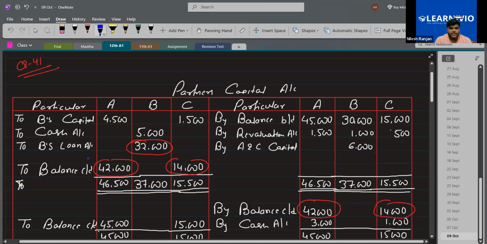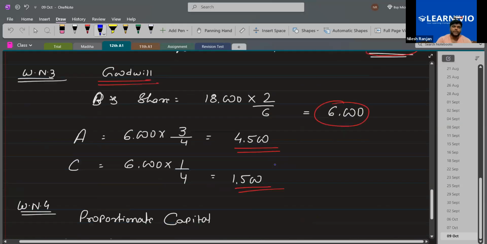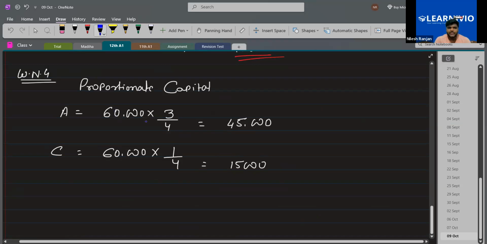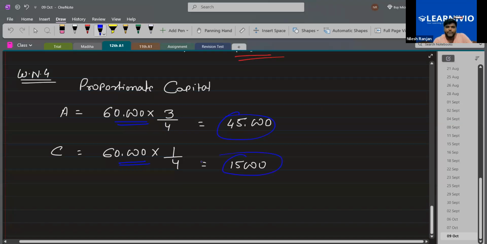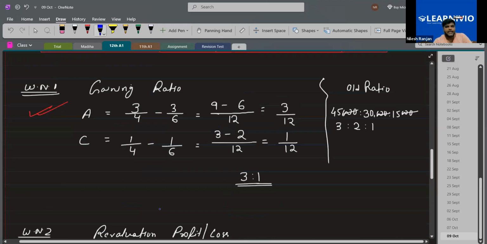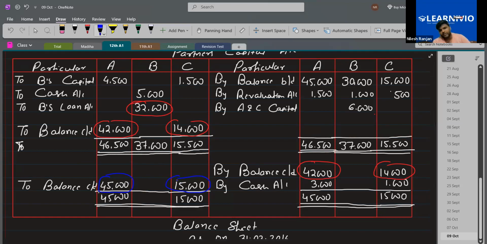And now it is compared with this balance, which we calculated in working note number 4, proportionate capital, because 60,000 is the firm's new capital, and it is to be distributed in their new ratio 3 by 4, 1 by 4. So 45,000 and 15,000. This is written here in balance. This is the new capital of the remaining partners.